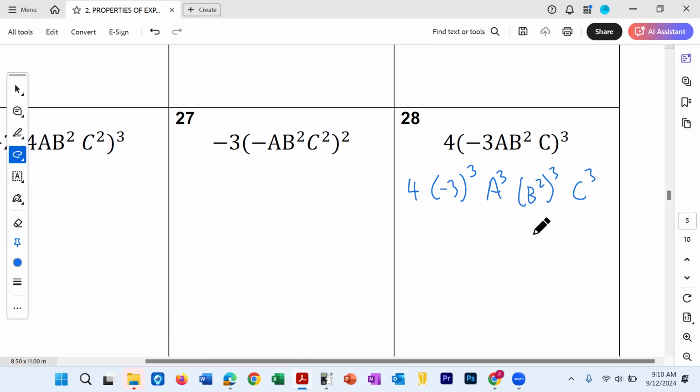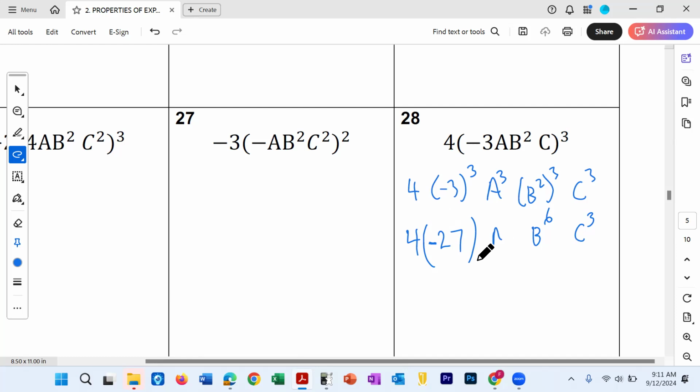So I'm going to get b to the 6. The 4 is going to come down as is. Then I'm going to have c to the 3rd. Then over here, -3 to the 3rd is going to give me 27. Then I'm going to have a to the 3rd. Hand? What's the problem? -27, very important, right? Now, you could keep this one, but then now I got 2 magic bucks for the person who can answer this question, right?